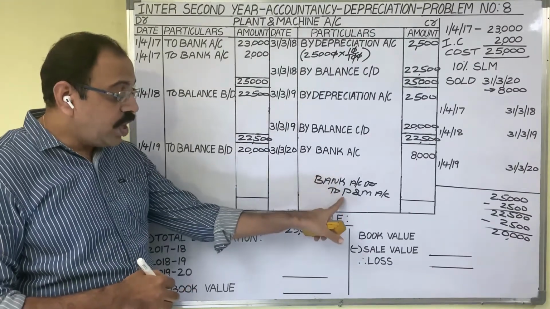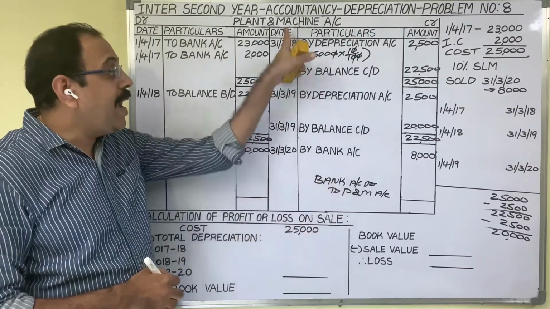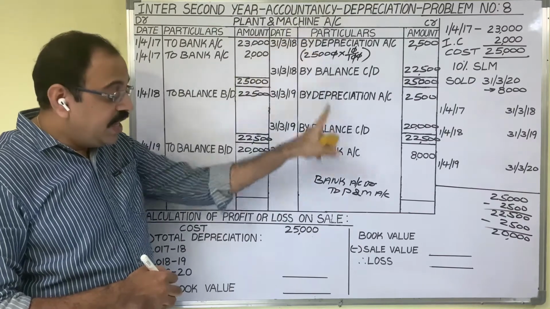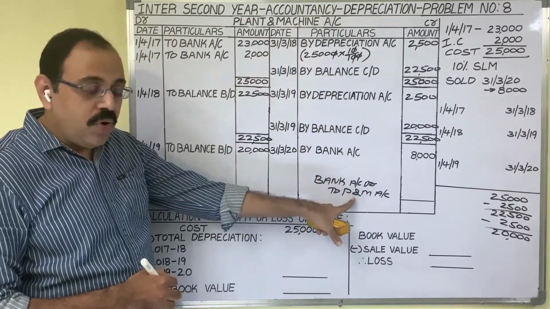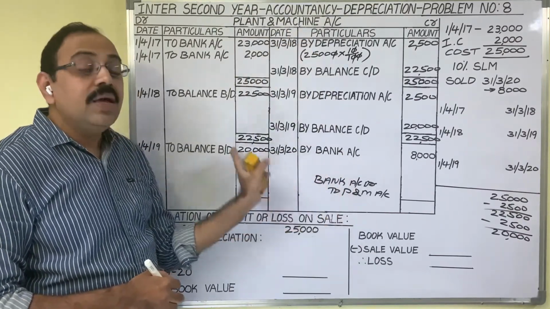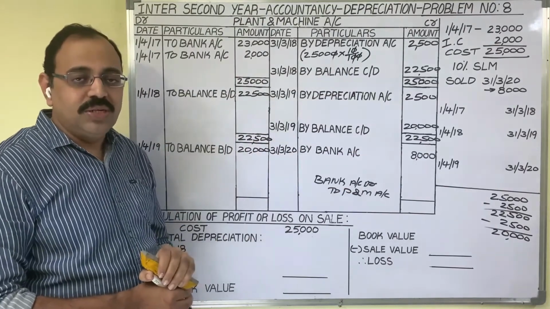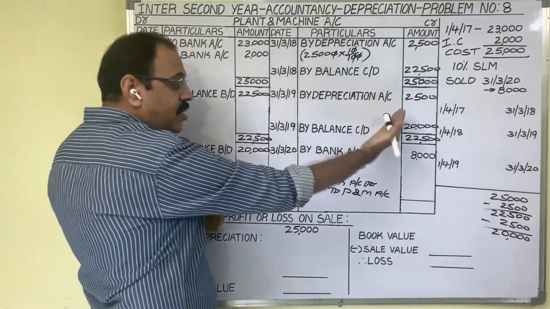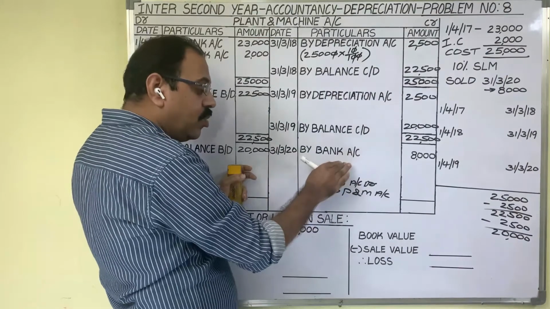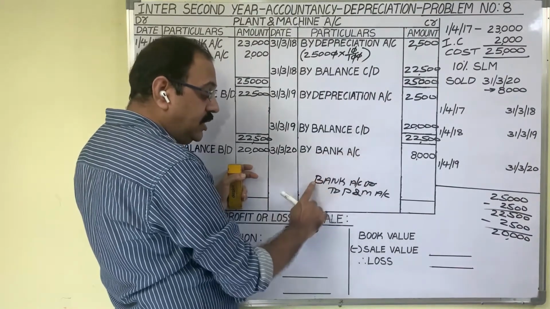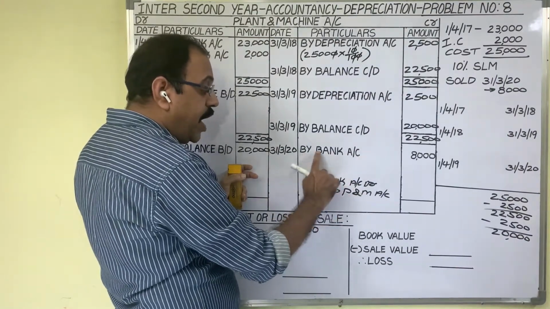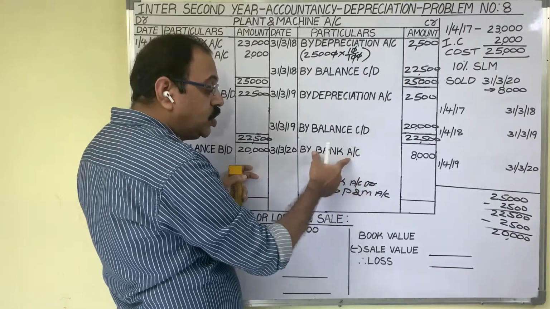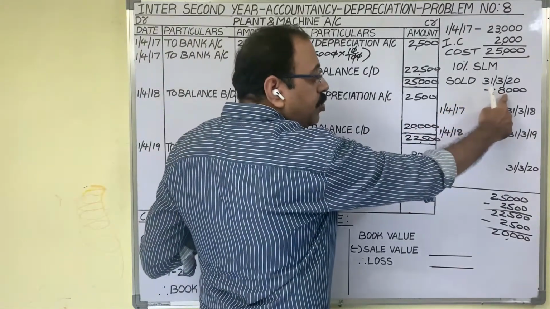Out of these two accounts, we are preparing plant and machinery account. It is credited. Therefore, this entry credit side we have to post. Credit side, what to write? Other account name. Other account is bank account. By bank account, we sold that asset for 8,000 rupees now.